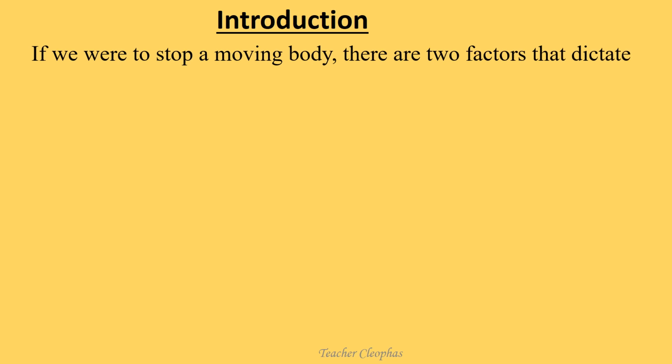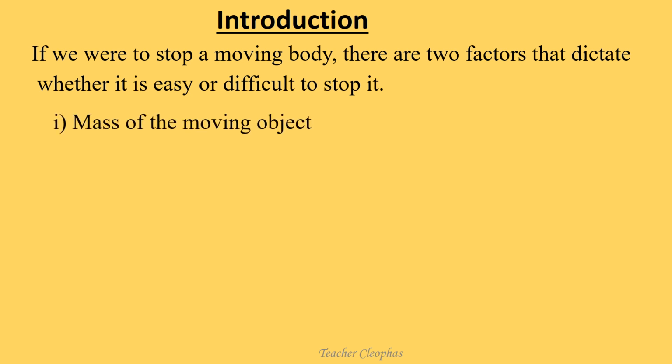If we were to stop a moving object, there are two factors that dictate whether it is easy or difficult to stop the object. And these two factors are: 1. The mass of the moving object.